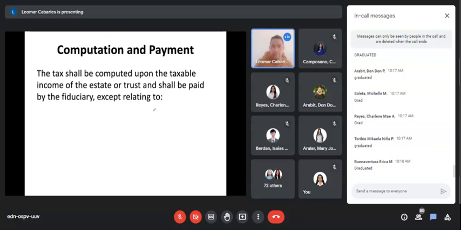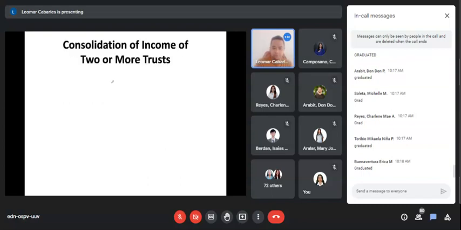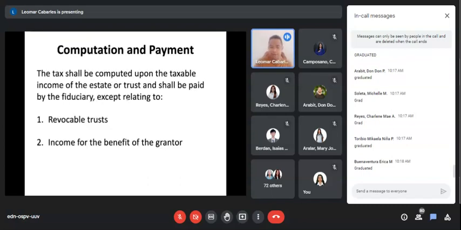So computation and payment. So we've discussed already. Tandaan nyo lang pala class, pag revocable yung trust, or it's really for the benefit of the grantor, walang trust talaga dito. So therefore, ang taxpayer pa rin dito is the grantor. Later, we'll have an example to illustrate this. So ulitin ko lang, no?